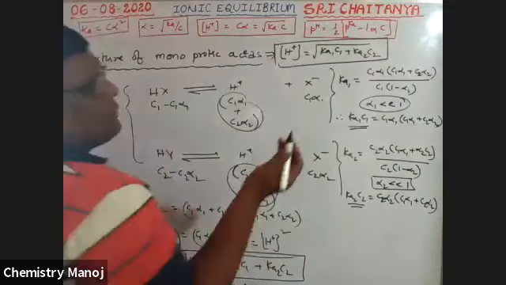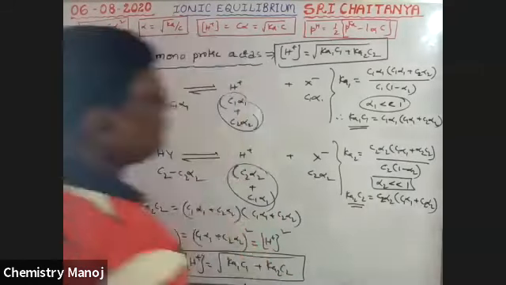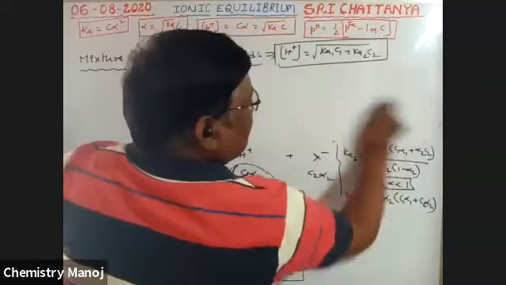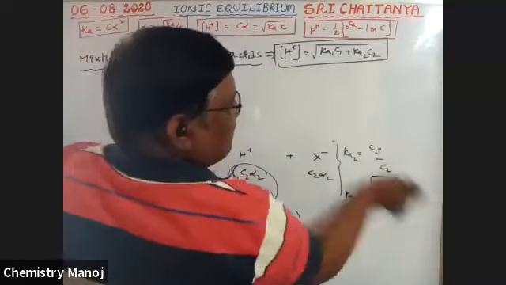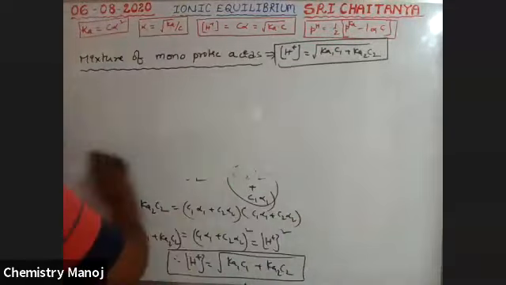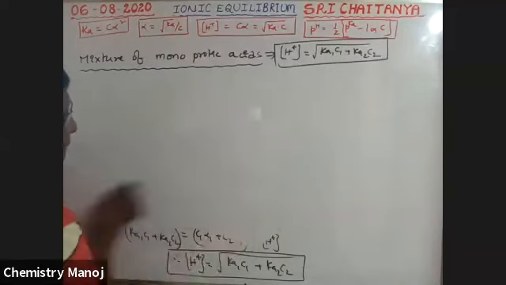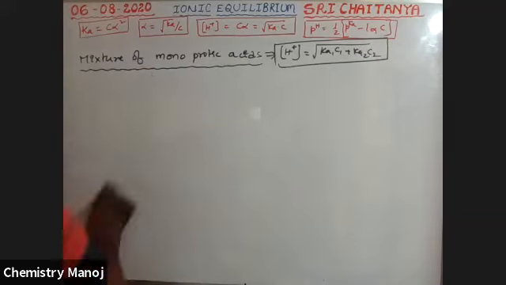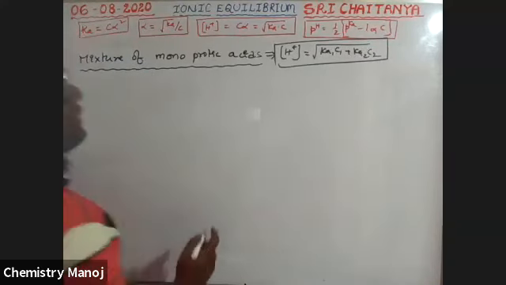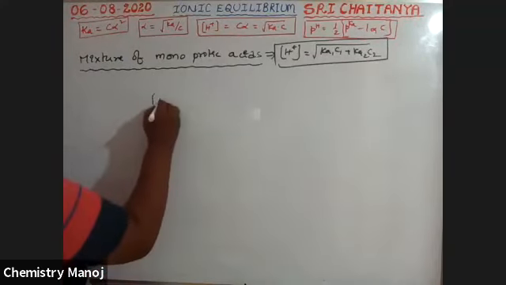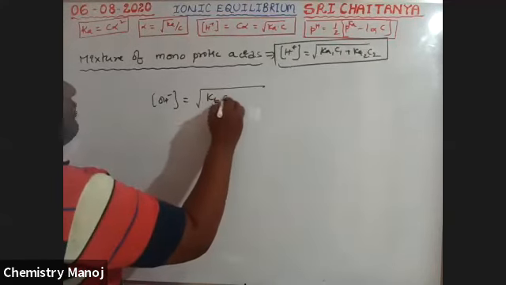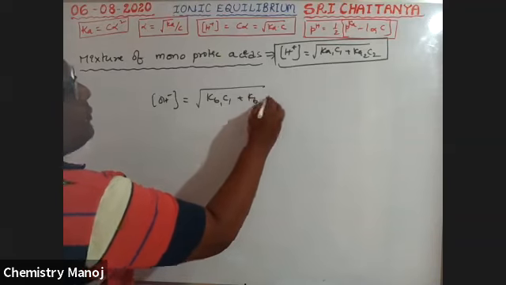For bases, if two or more monoacidic bases are added, the OH minus ion concentration is equal to under root Kb1 C1 plus Kb2 C2.